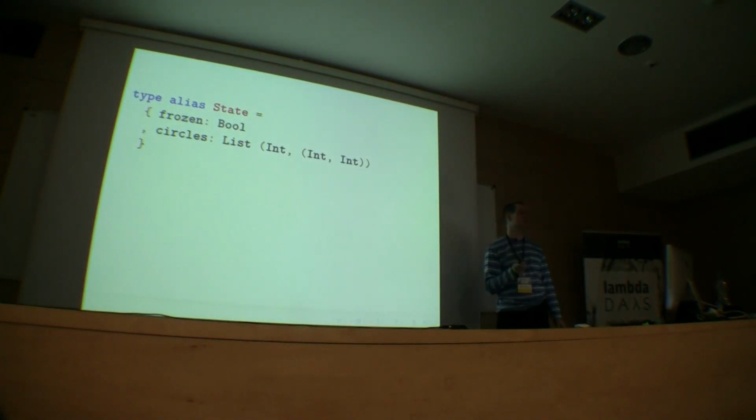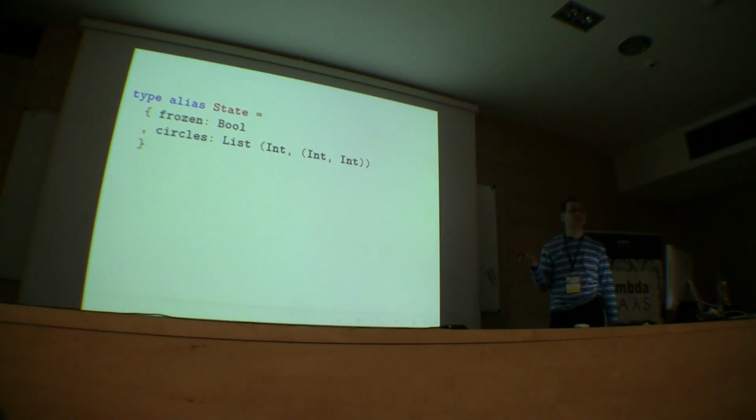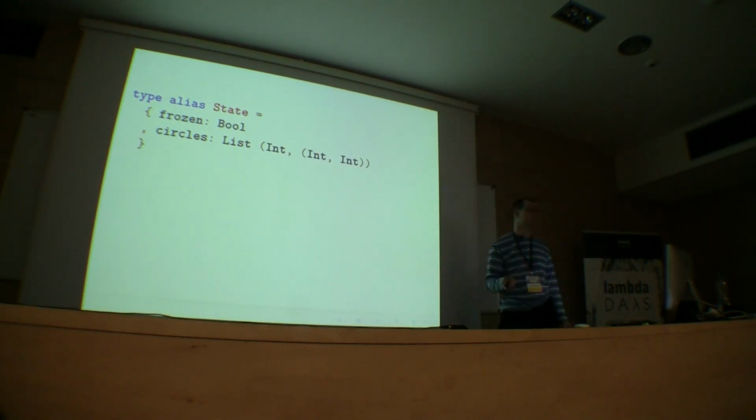First, let's represent the state. I'm using a record type here, and I'm giving it an alias. So my type is called state. It has two values. The frozen is a flag that remembers whether we are in the frozen or unfrozen state. And the circles is a list of those circle descriptions.